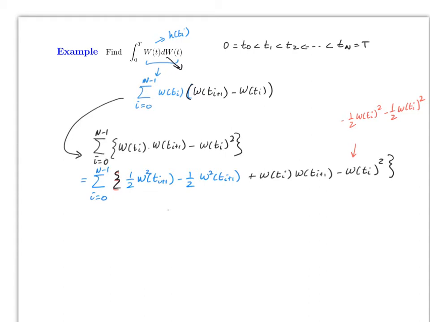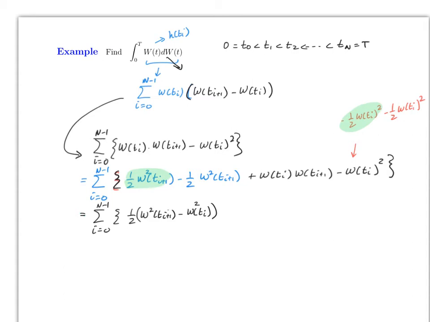So if you combine this part with one of these, then you will get the following. This will be the sum from i equals 0 to n minus 1 of 1/2 W(t_{i+1}) squared minus W(t_i) squared.